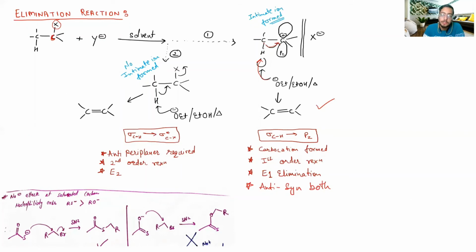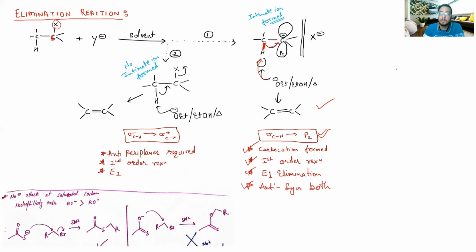In this case, the bonding electrons of the sigma CH bond are donated into the pz atomic orbital of the carbocation. A carbocation is formed, and it is a first order reaction, similar to what you have studied in the SN1 reaction, and it is called E1 elimination.